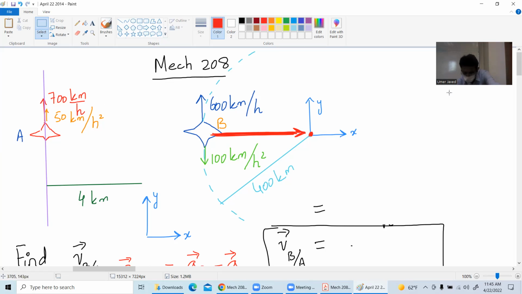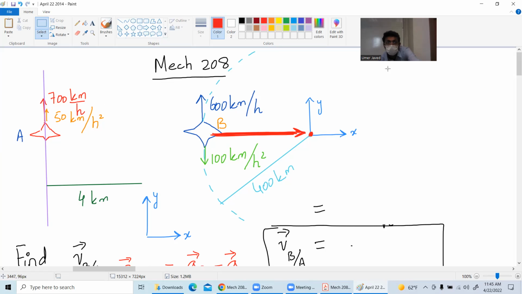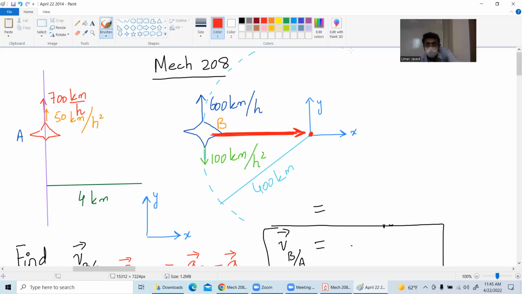Okay, you already did it. Okay, done. Good. So let me just write down the answers. I think it's pretty clear at this point to all the class. VB with respect to A equals VB minus VA, which is equal to 600 kilometer per hour J minus VA.